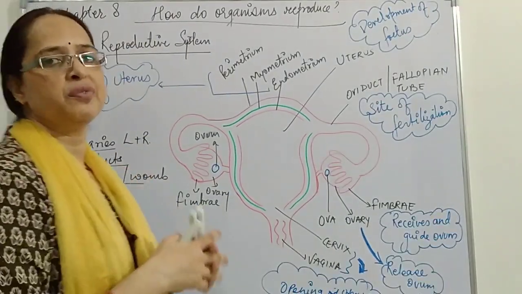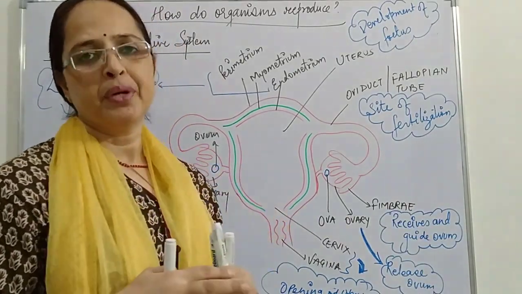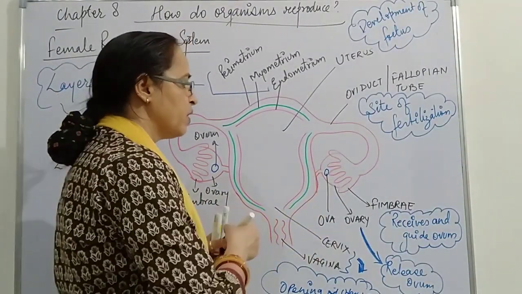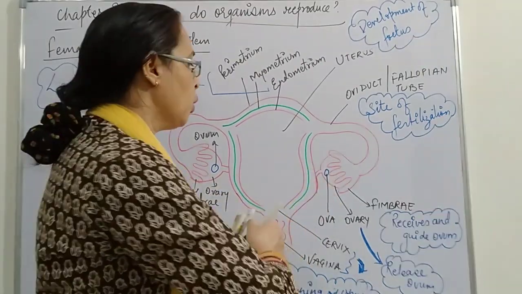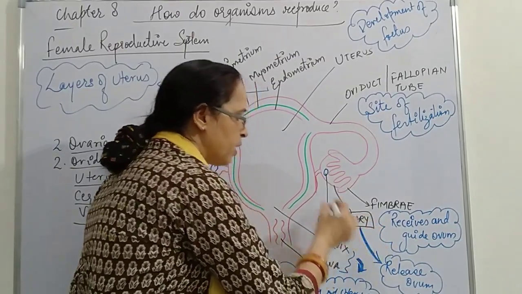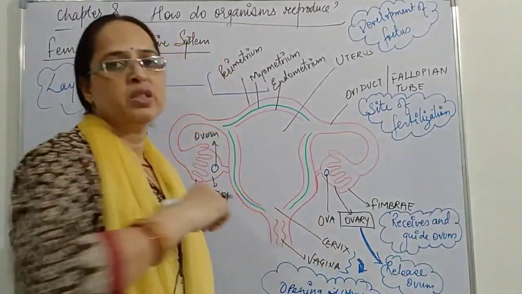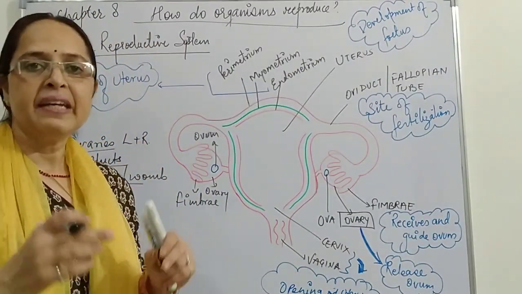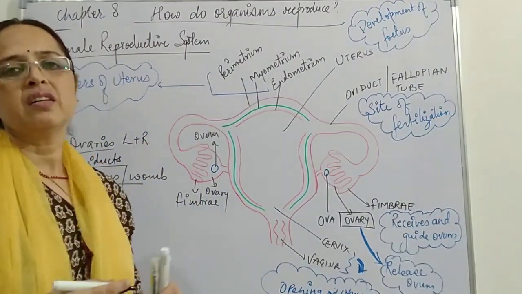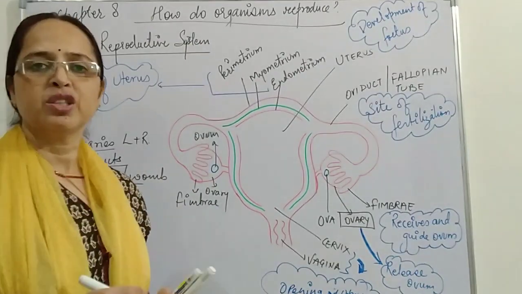Now how do these different parts help in reproduction? See here, first we start from the ovary. We say it is the main female reproductive organ which is responsible for the release of ovum. In the male, the testis is the reproductive organ meant for production of sperm.